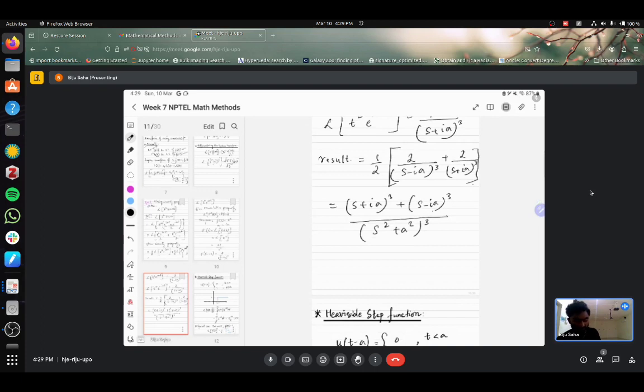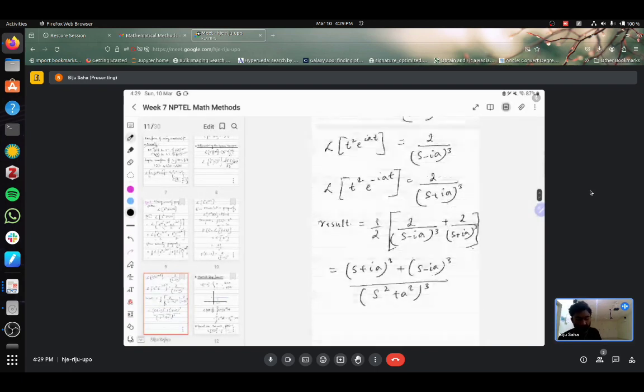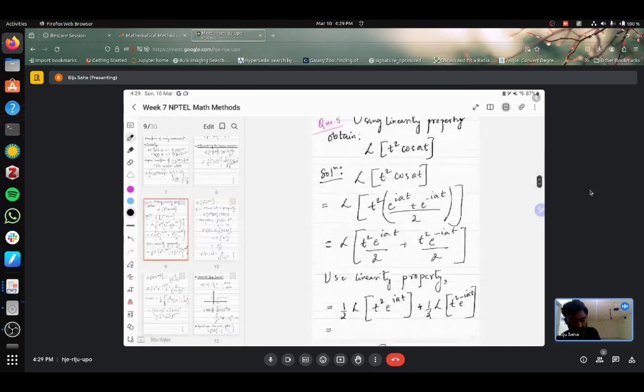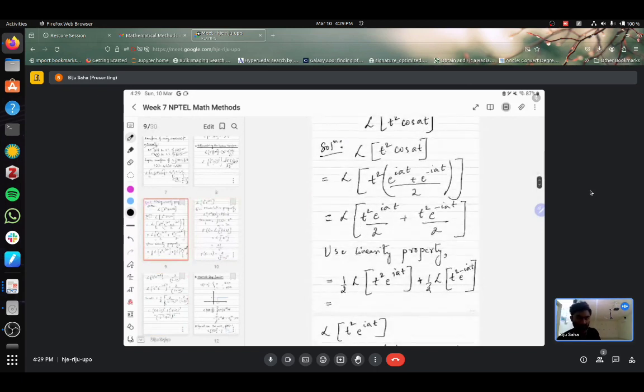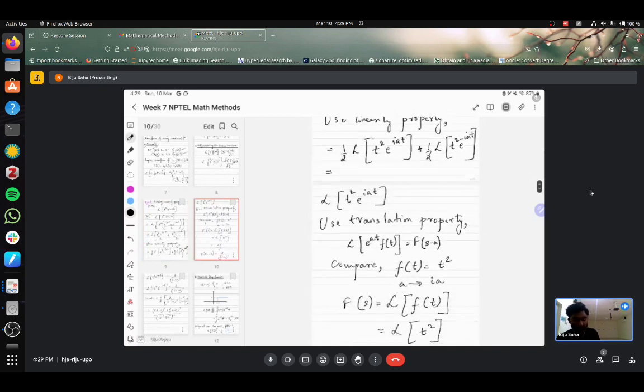You can simplify further and bring it down to a cleaner notation, but this is the result. Basically, we did not carry out any difficult integration. We used the linearity property first of all, which was very straightforward, and immediately we could use our translation property.